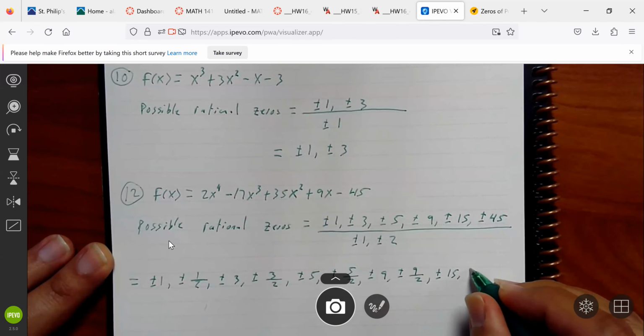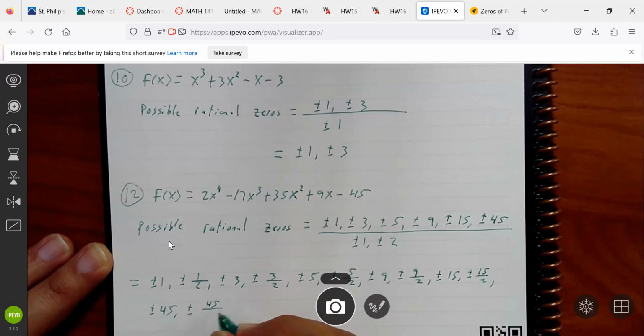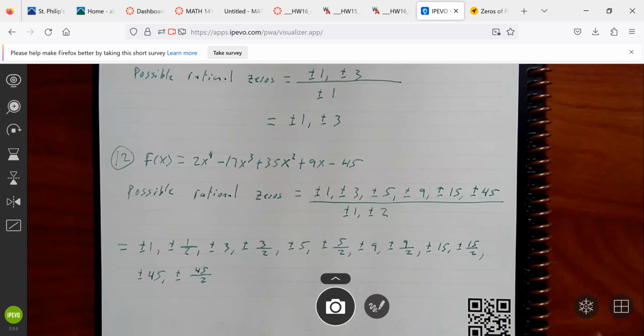Running out of space. 45 over 1. 45 over 2. So I have what? 1, 2, 3, 4, 5, 6, 7, 8, 9, 10, 11, 12, 24 possible zeros.